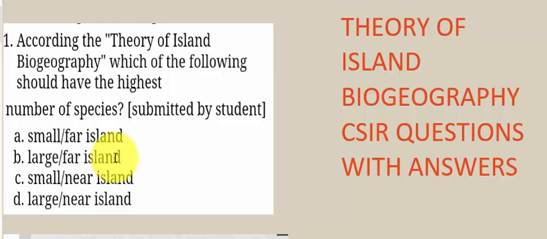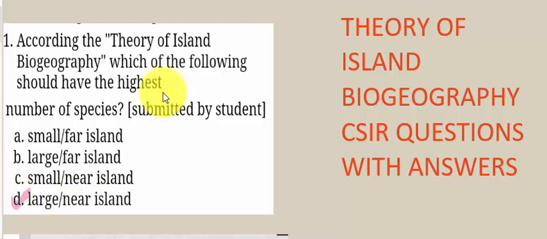Because closer islands are easier to reach, and extinction is lower on islands close to the mainland because of the likelihood of immigration. That's why in the case of a near island, the number of species is more. So we got the answer, near island, and the fourth option is large and near island. This is the correct option for this question.